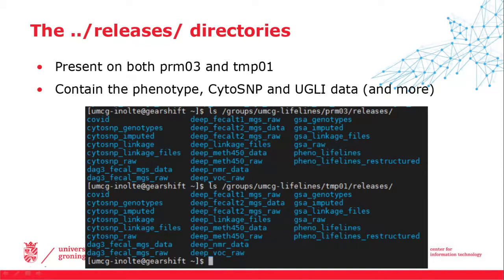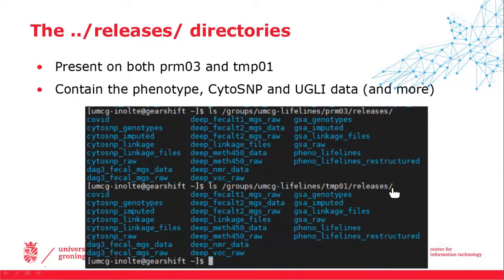So it's the data on the phenotype and on the older genotyping chip that was used, the cytosnip, and also the newer UGLI data that has been released early this year. You can find those within the releases folder, within the permanent and within the temporary folders, and then directly releases.